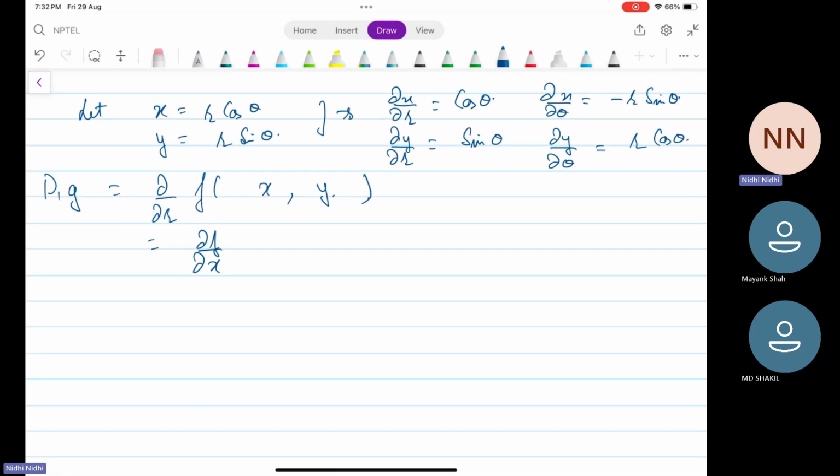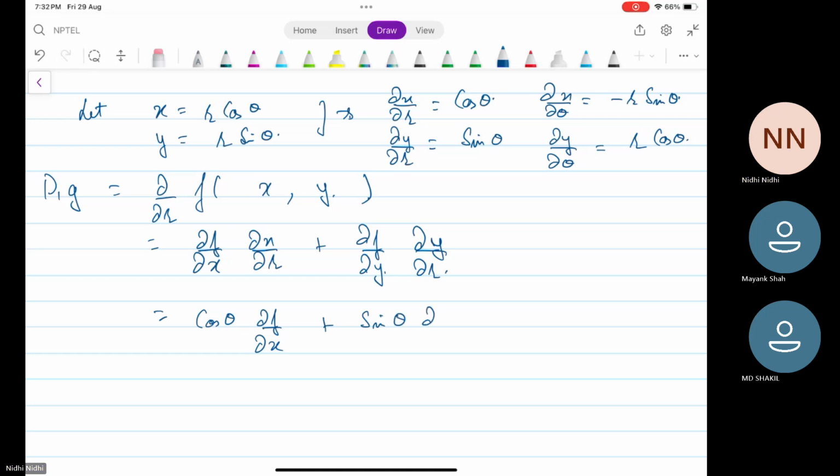So this is del f by del x times del x by del r plus del f by del y times del y by del r, which is cos theta del f by del x plus sin theta del f by del y.